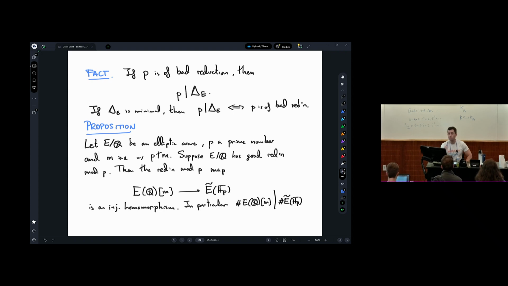Once you have one integral model, I can look at all the other integral models that the elliptic curve is isomorphic to, and take the set of the absolute values of all the discriminants. Then there's got to be a minimal element, and that is your minimal discriminant.